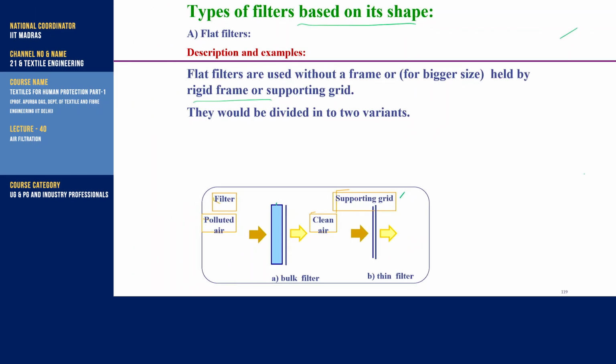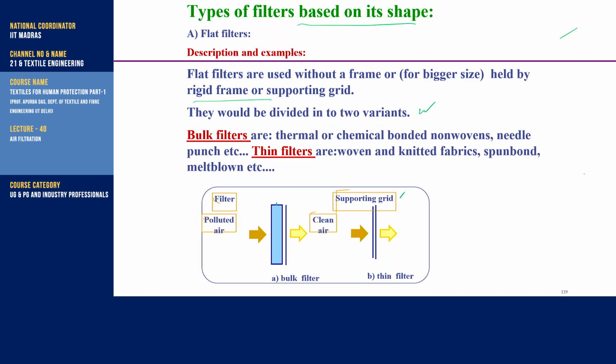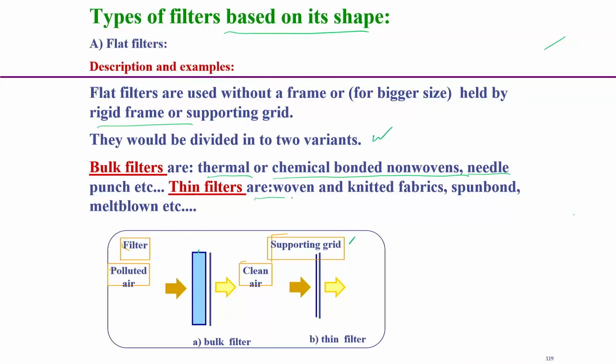They would be divided into two variants. One is the bulk filter, that is thermal or chemical bonded nonwoven which is stiff, or very thick needle punched fabric. The other is thin filters, which are flexible, that is woven fabric, knitted fabric, spun bonded or melt blown fabric.